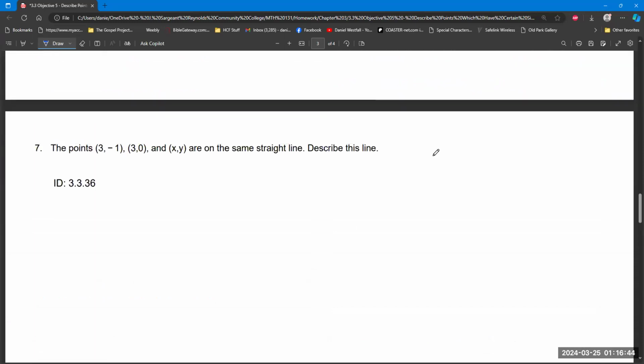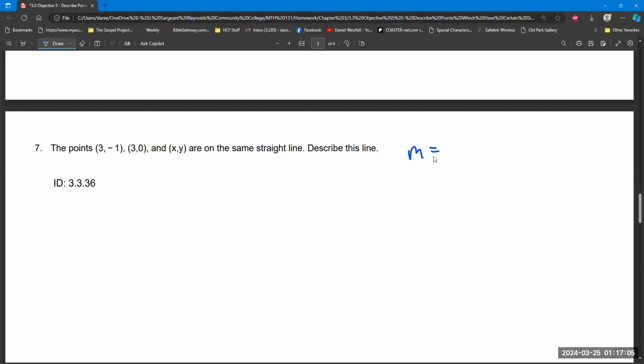The points 3, negative 1, 3, 0, and x, y are on the same straight line. Describe this line. So let me write the equation of the line here. So let's find the slope of the line.